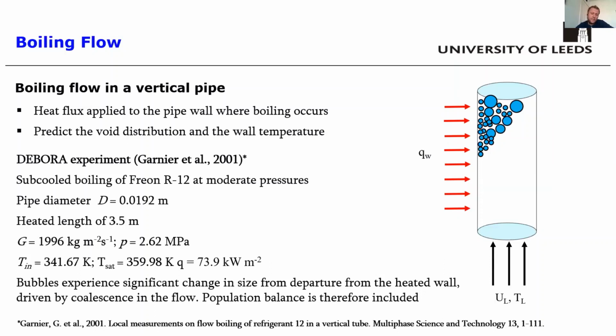This is done because at those pressures, the refrigerant has the same non-dimensional numbers as water at much higher pressure, in particular the pressure of a pressurized water nuclear reactor. But of course, it's more convenient to run the experiment at the lower pressure. You see the data we have and the setup. The liquid at the inlet is subcooled, so it is below saturation. And when the temperature at the wall goes higher than saturation, then boiling starts in the pipe.